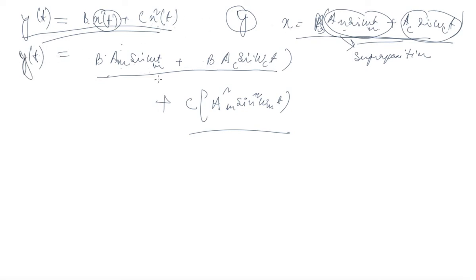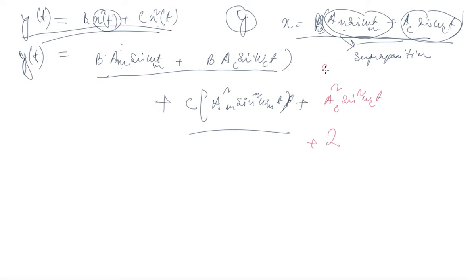Therefore y(t) is equal to what we have written so far, b this, then c, and it is being squared. So plus, let me change the color, a square c sin square ωc t plus 2.